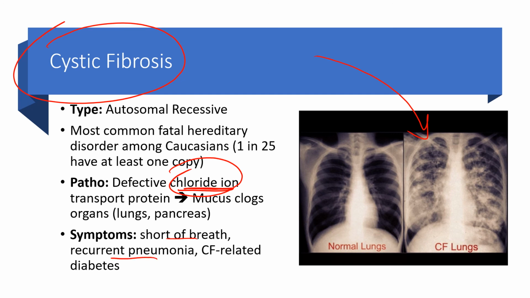And since mucus plugs up the pancreas, you can actually get diabetes, because the pancreas is part of the system that helps regulate your blood sugar. And if your pancreas isn't working well, then you can have diabetes with this.